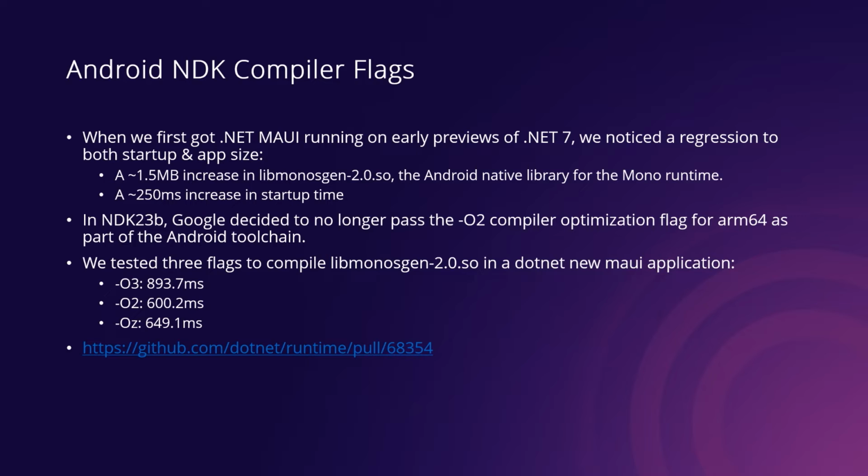We did some investigation with the Mono runtime team, and we found out that the Android NDK changed the compiler flags when building C and C++ code by default. In .NET 6, it was using O2. In .NET 7, it used O3 by accident. This wasn't something that we changed.